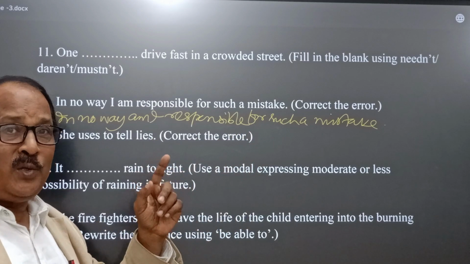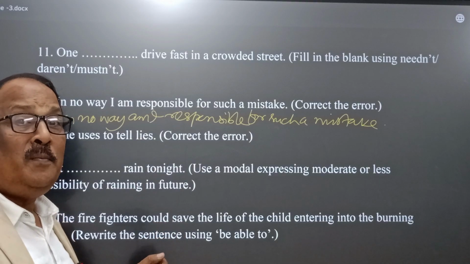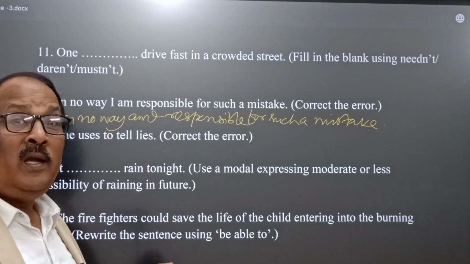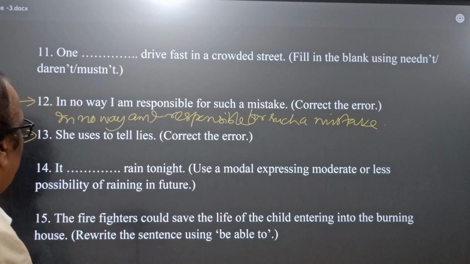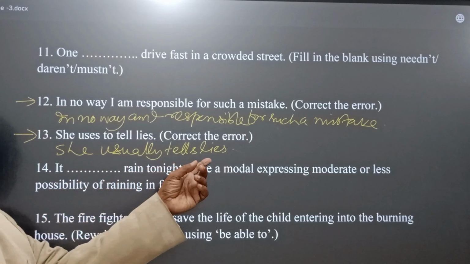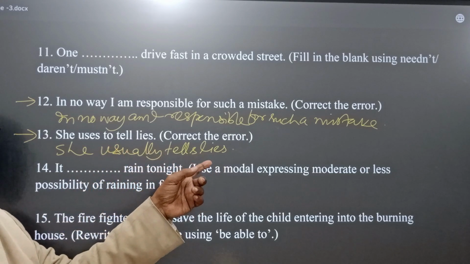Use or uses to is not used in the case of present simple to express present habit of a person. That's why it is wrong. In this case, we have to use she usually tells lies or she habitually tells lies.